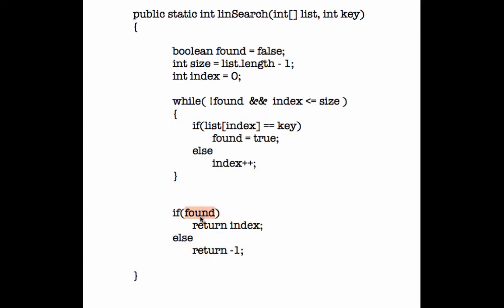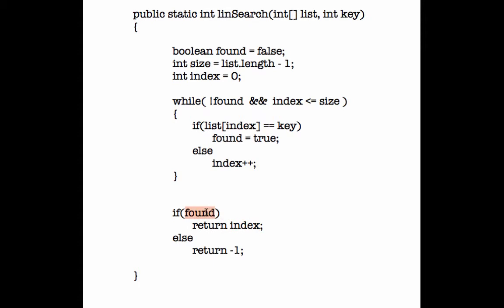And found at this point is going to be either true or false. It will be true if I found a match, false if I didn't. At any rate, the computer is going to evaluate found and it's going to say, well, if found is true, then I know that there is a match. Okay, I know that this statement was true, and then I know that there is a match located at this index. Therefore, all I need to do is return the current value of index.